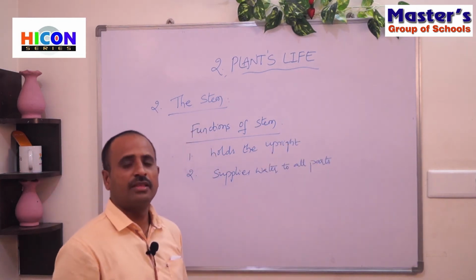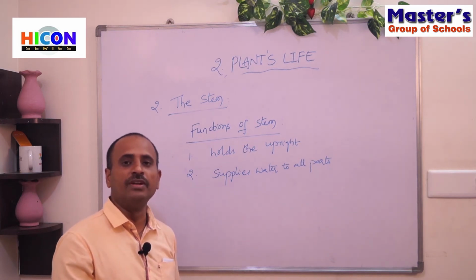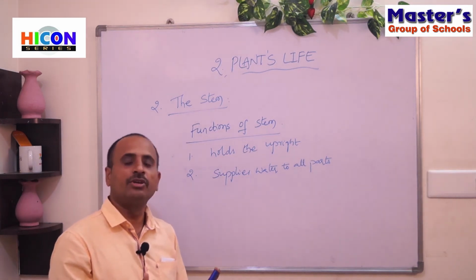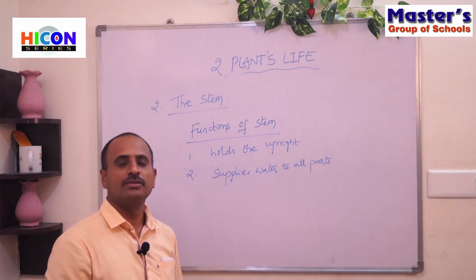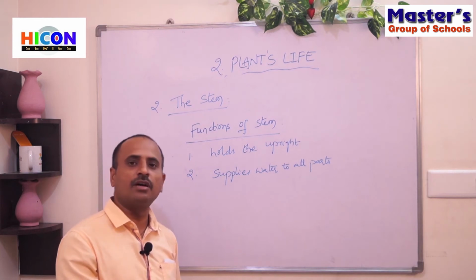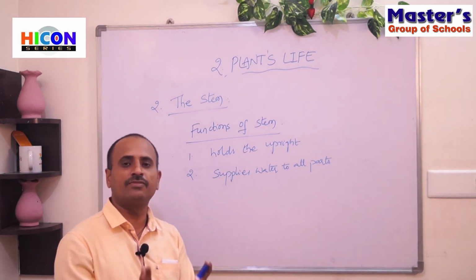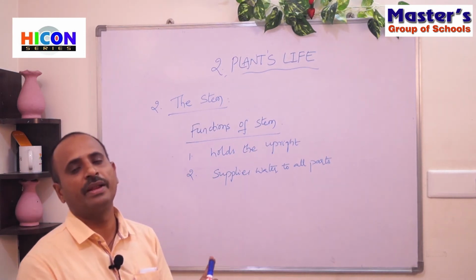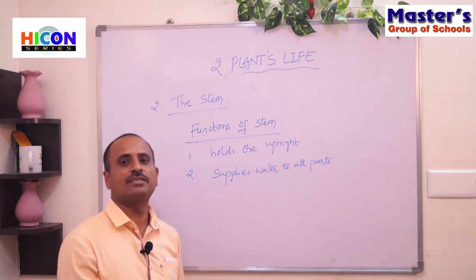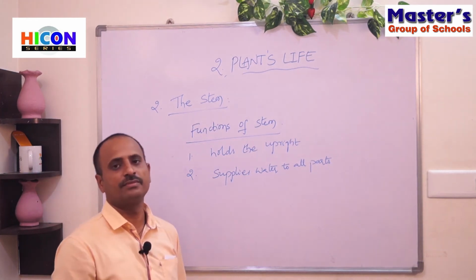Here the stem acts as a tube, and this tube supplies water to all parts of the plant. Roots absorb water from the soil, and the absorbed water comes to the stem. The stem supplies this water to the remaining parts of the plant, that is, to the branches, the leaves, the flowers, and the fruits.